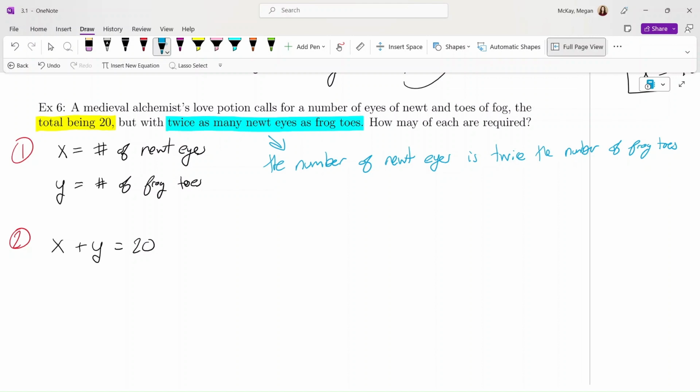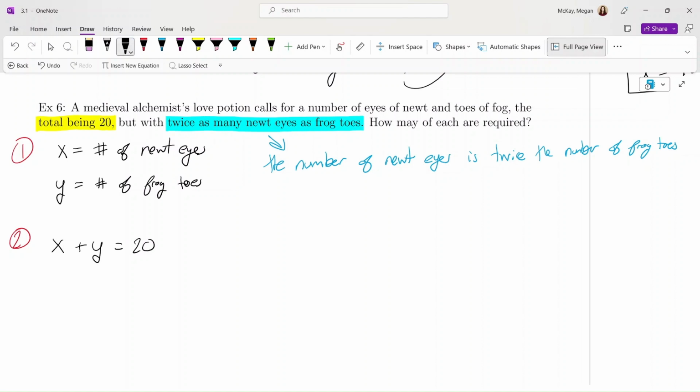Pause this, read the statement highlighted in blue, and then read the statement that we just wrote together using the terminology from step 1. Make sure you agree that they mean the same thing, and now let's take our statement that we just wrote and convert that into an equation.